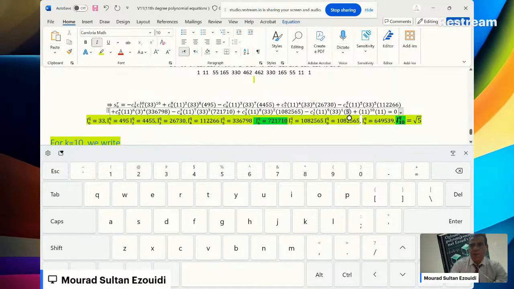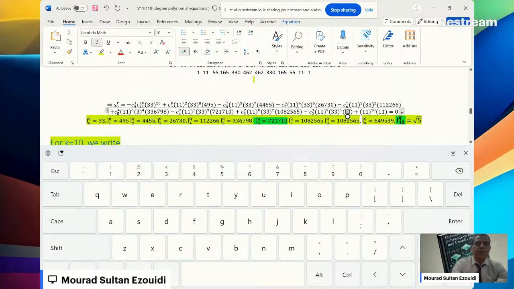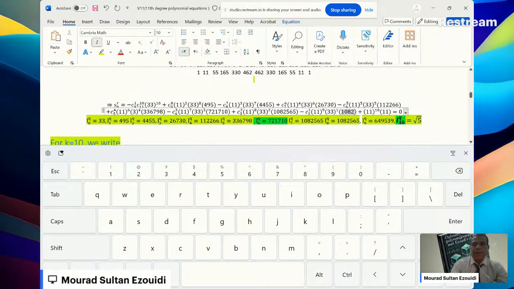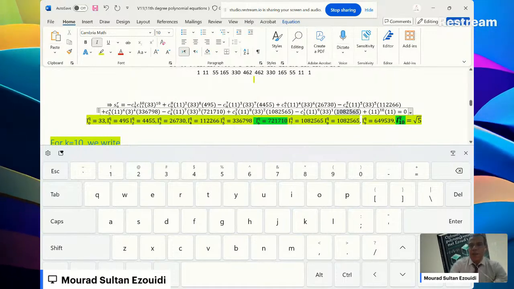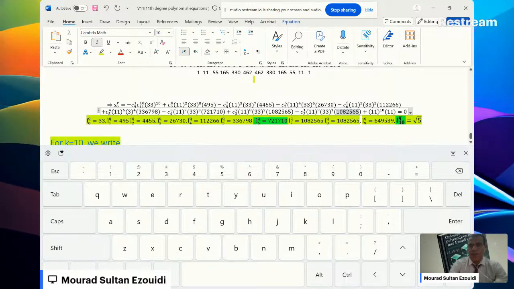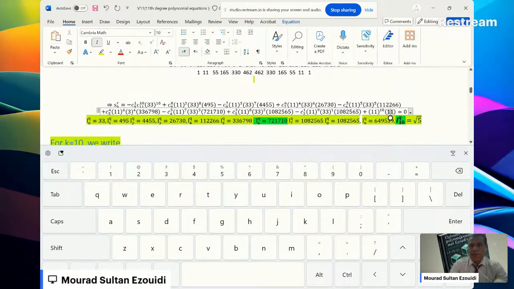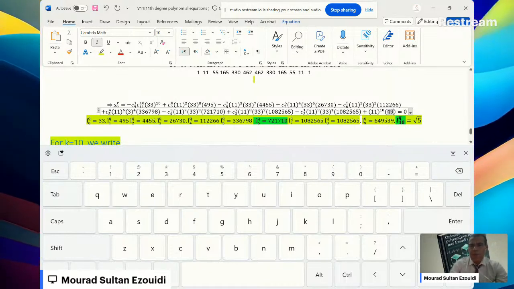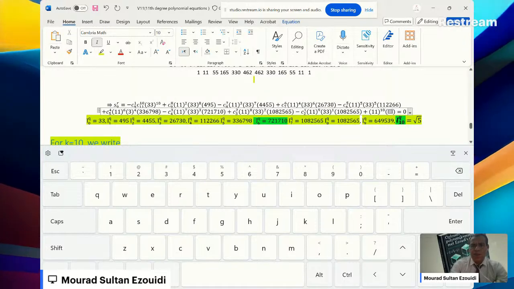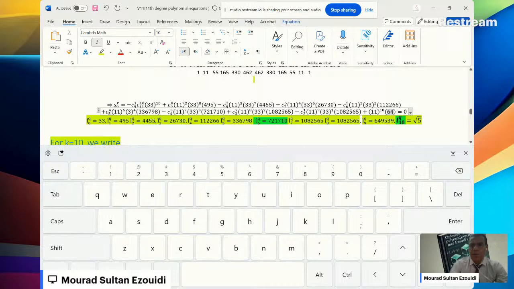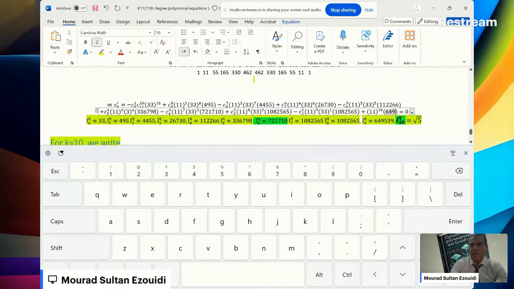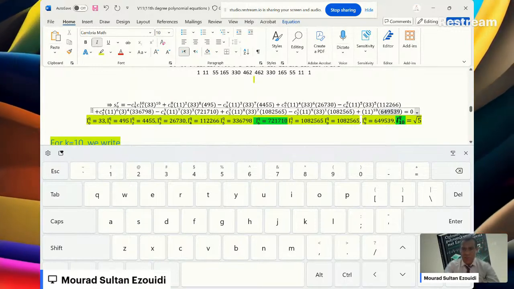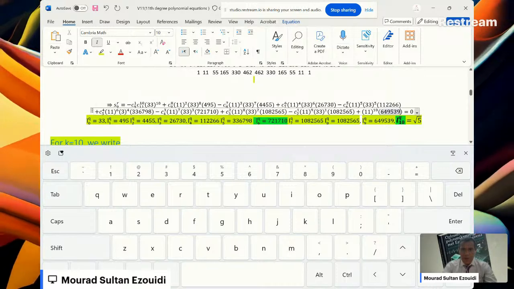And this one is the same, 1,082,565. And the last one is 49. We can use the calculator for 64, 64, 649,539. Now we can use the calculator to find the series equal to now.